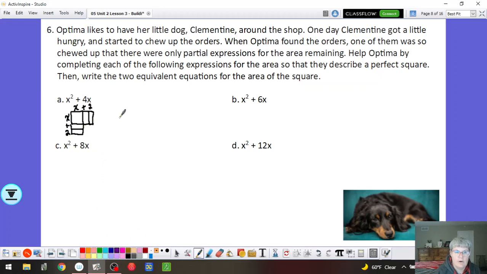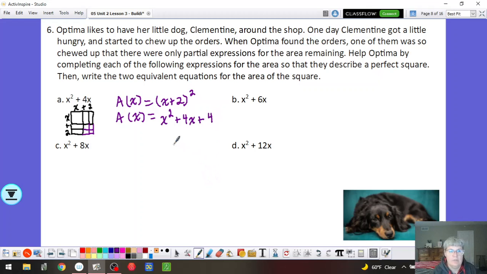So we can write our area in terms of dimensions as A of x equals x plus 2 squared. But then if we want to write the equivalent one, we need to finish this square. We need to include this lower right corner and find how many units are in that area, and that's 2 times 2, which is 4. So we'd have our square of x squared. We have 4 rectangles of area x, and we have 4 unit squares for an equation of A of x equals x squared plus 4x plus 4.